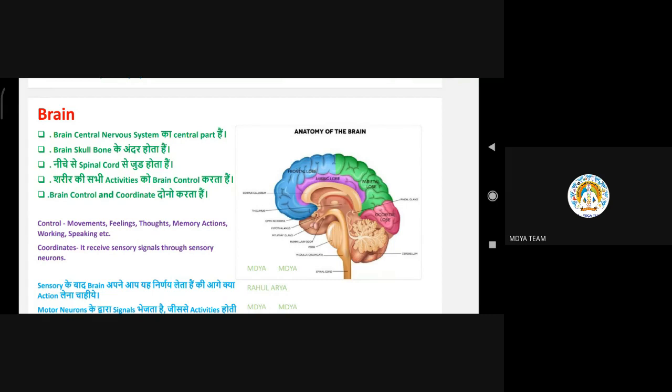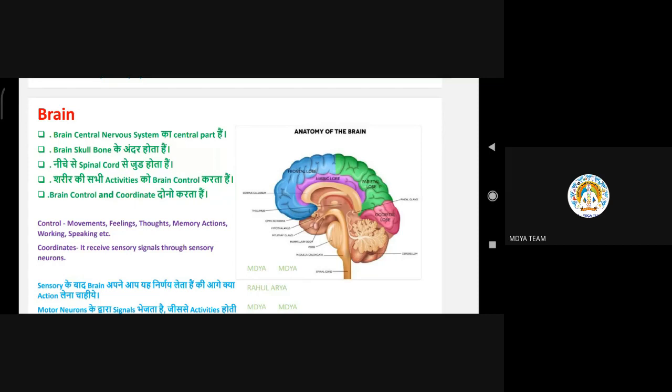Spinal cord is not different from brain. It is the extension of brain only. Medulla oblongata and then spinal cord is extending from that hindbrain only. And this brain and spinal cord, mainly brain, control and coordinate our whole body.